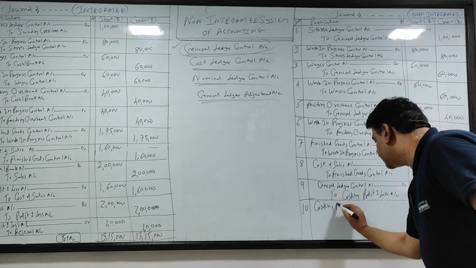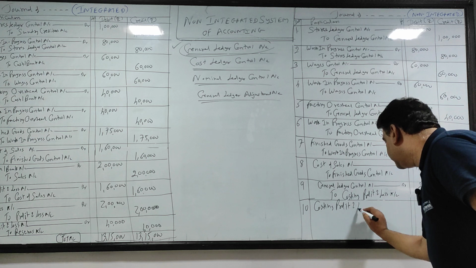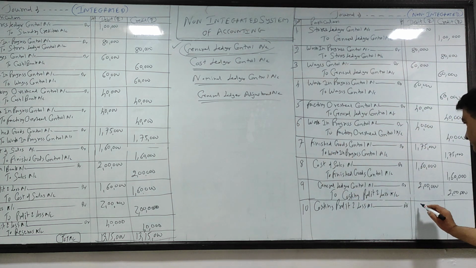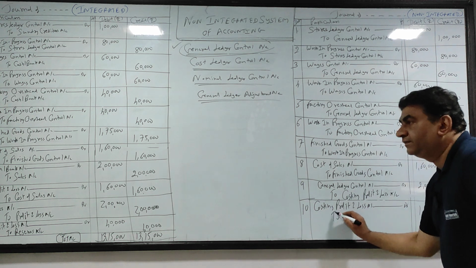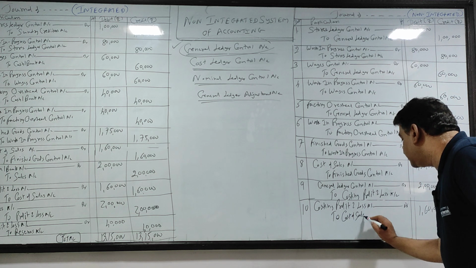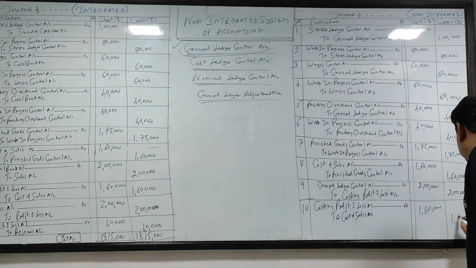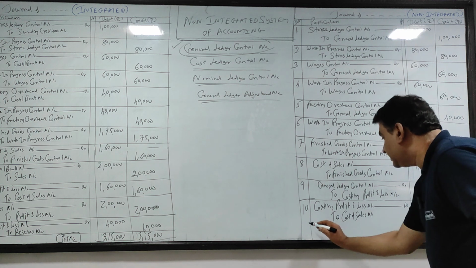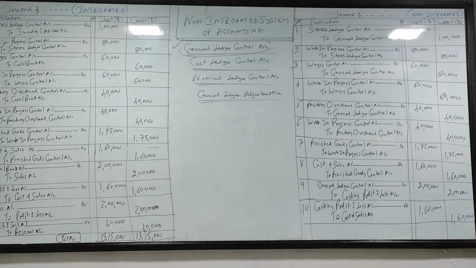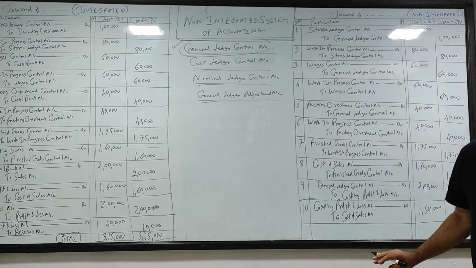So here it becomes costing profit and loss account. कितना है cost of sales? 1,60,000 to वहां पे cost of sales, तो यहां पे भी होएगा cost of sales because that is cost. So to cost of sales 1,60,000. Got it? So see, यहाँ पे cost of sales debit, यहाँ पे credit, cost of sales is out.